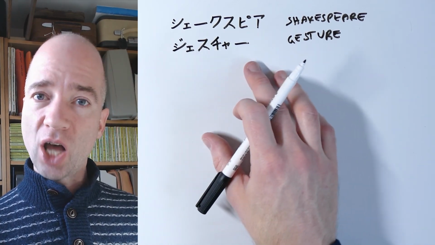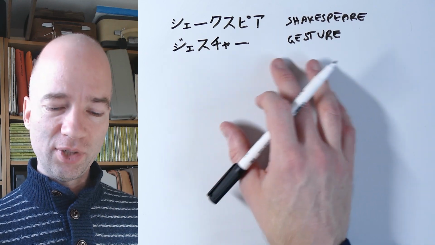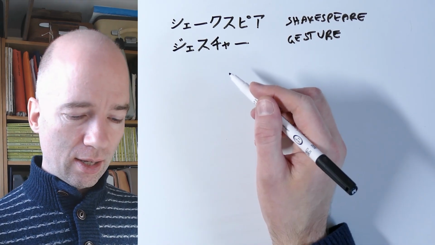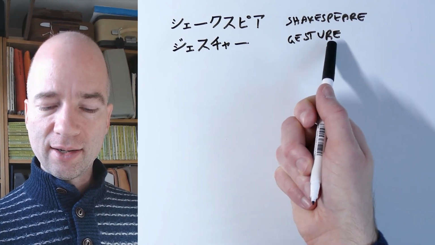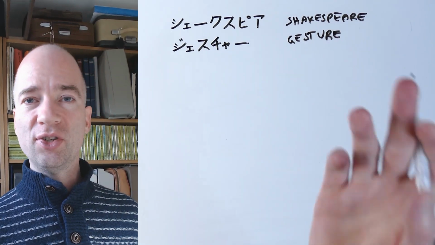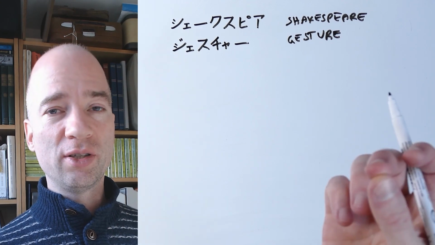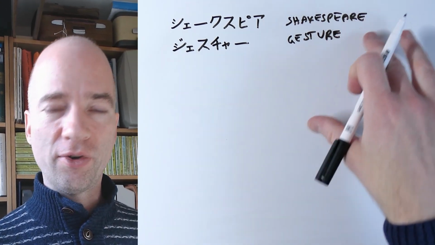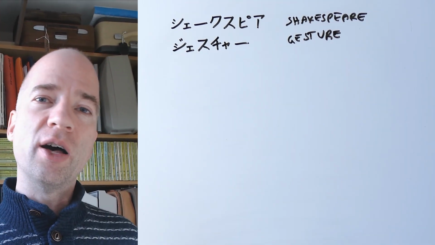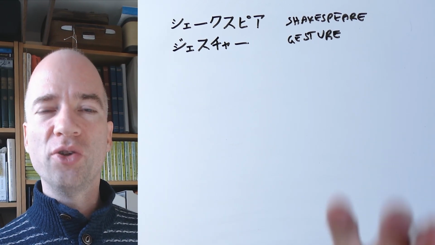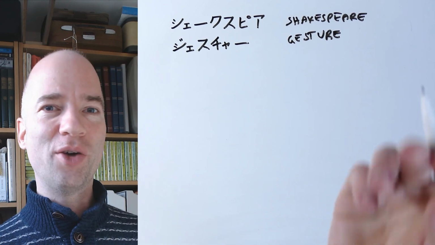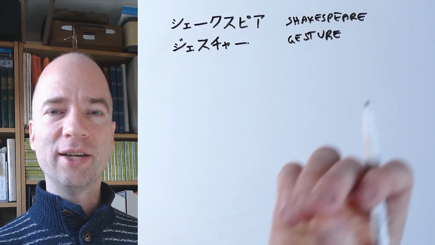Gesture, cha, gesture. And also the R's at the end here are not pronounced in standard British English unless there's a vowel following the word. Those R's are silent in a non-rhotic variety of English.